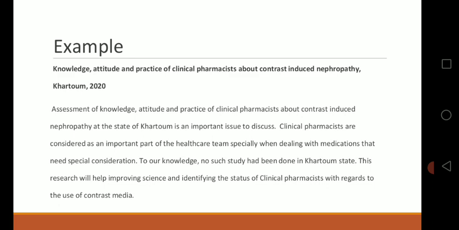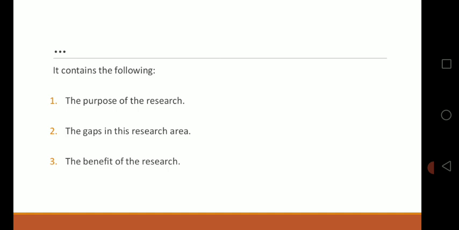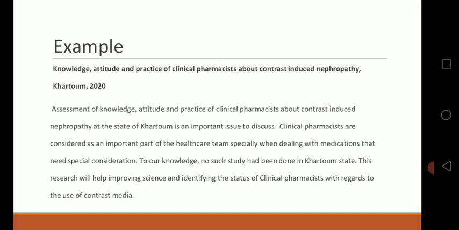What do we do? We come and revise these three parts that must be included in the justification: the first thing is the purpose of the research, the second thing is the gaps in the research area, and the third thing is the benefit of the research. Okay, come and read this.